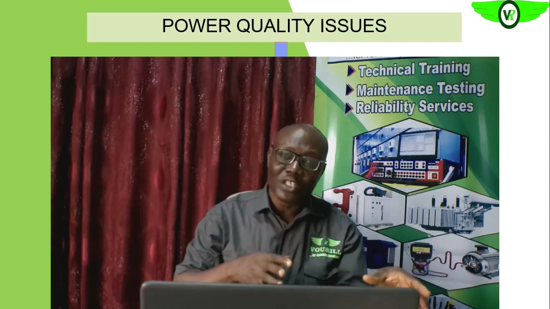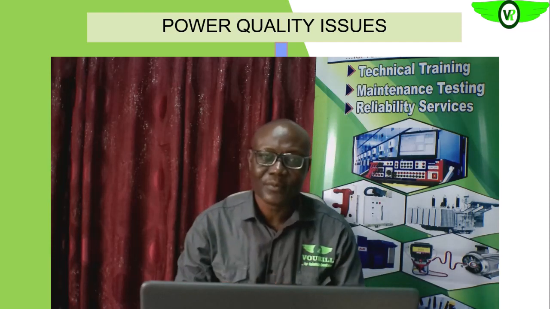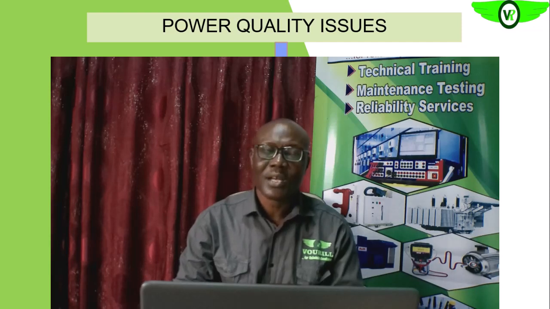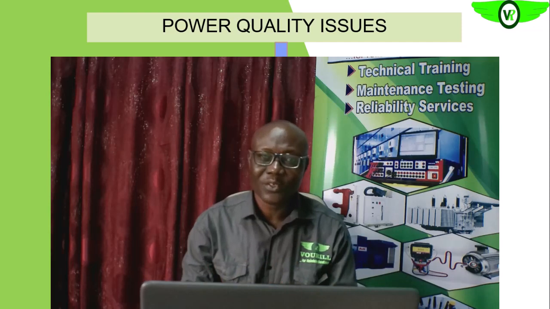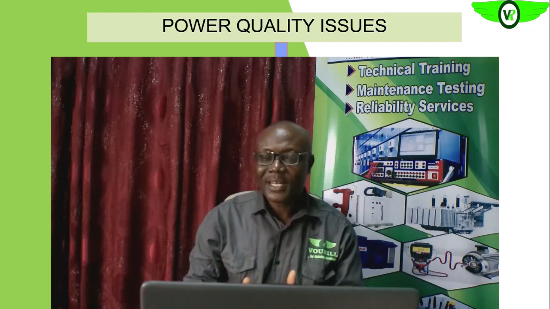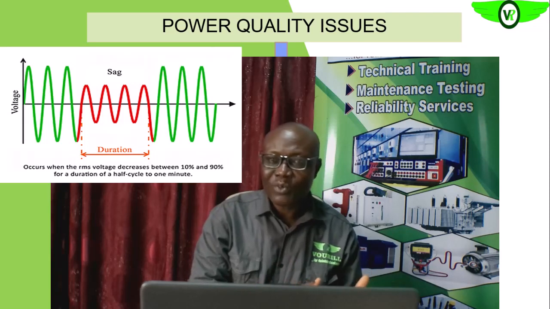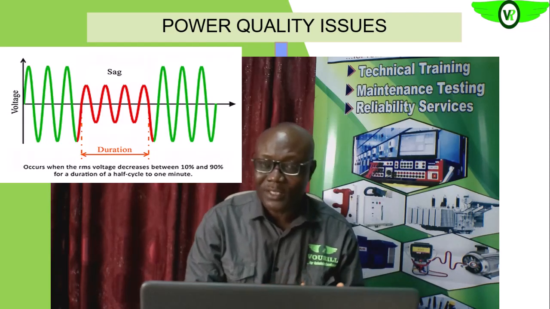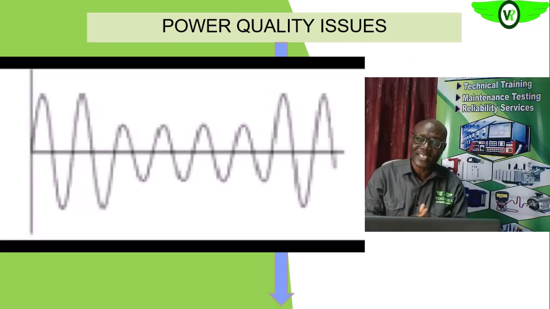So we also have other power quality issues that can affect the reliability of our electric motor system, and that is sags and swells. Sag, like under voltage, is when we have about that 90% of the nominal voltage into our system, but this time for a lesser time.